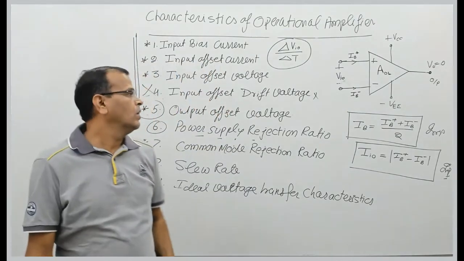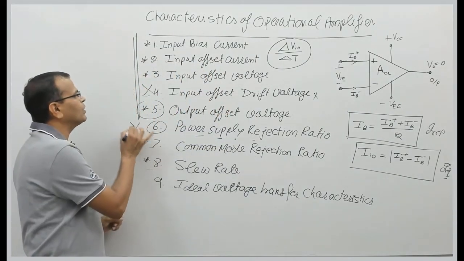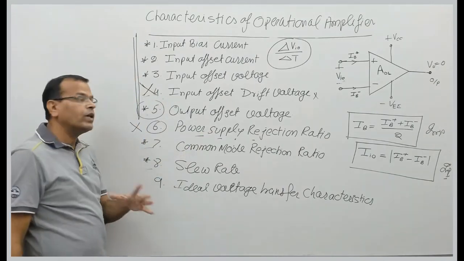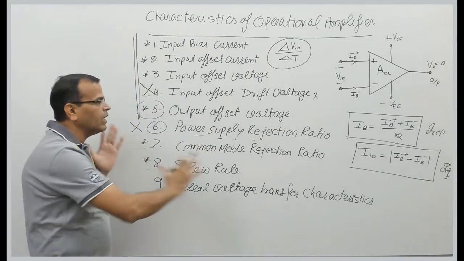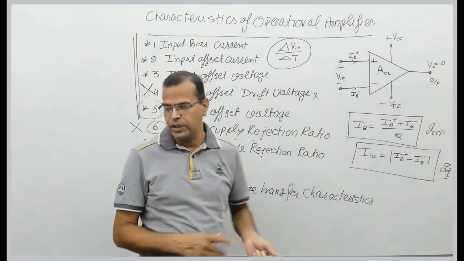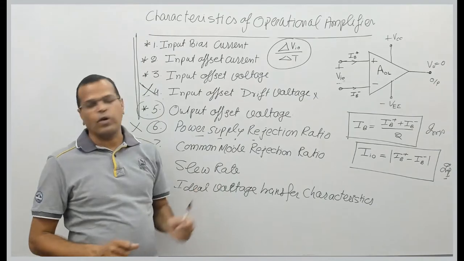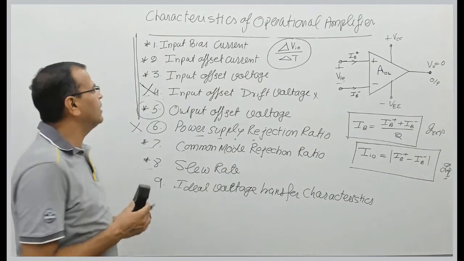Again, you don't have a question from this. Now whatever we are going to discuss is really important from the examination point of view. Again, I will be talking about output offset voltage.